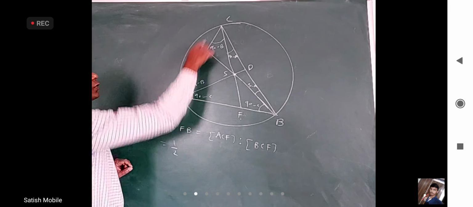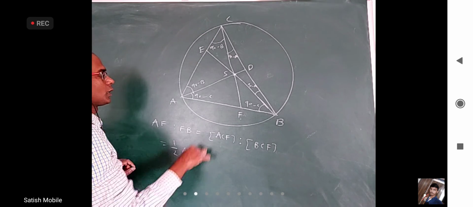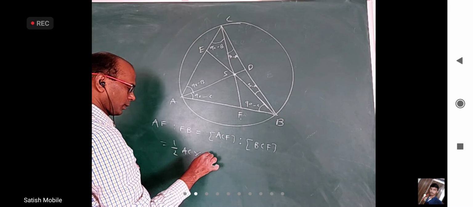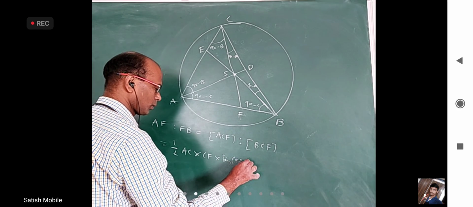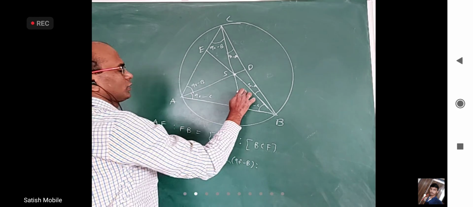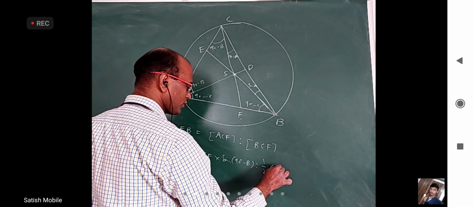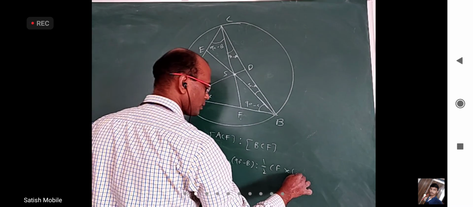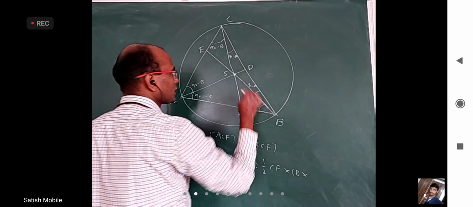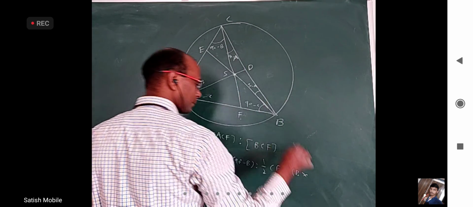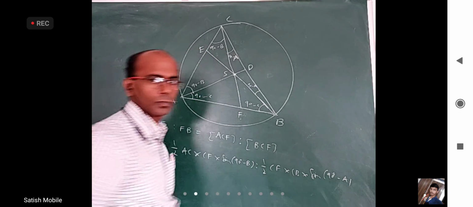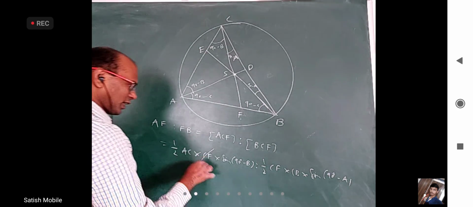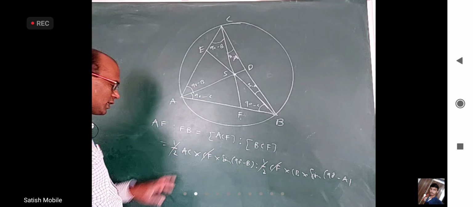So half into AC into CF into sine 90 minus B. This one is half into CF is to CB into sine 90 minus A. In that CF will cancel, half also will cancel, AC is small b.